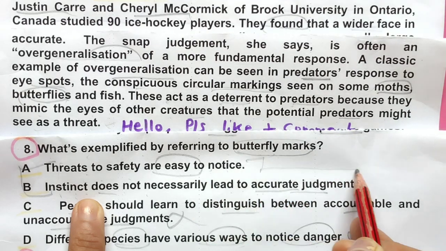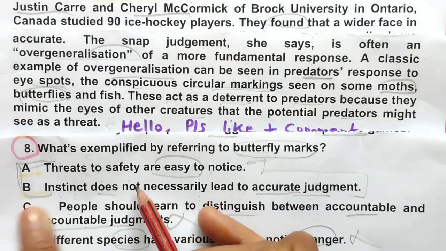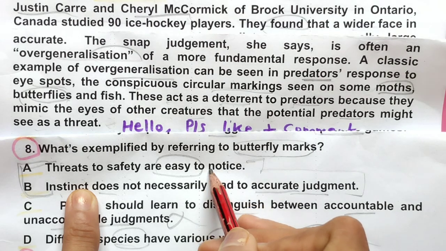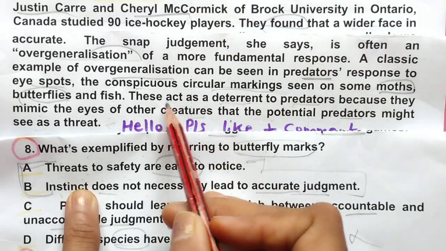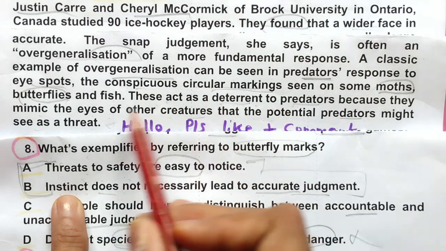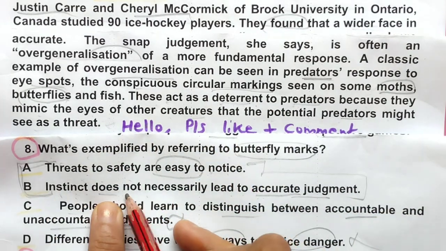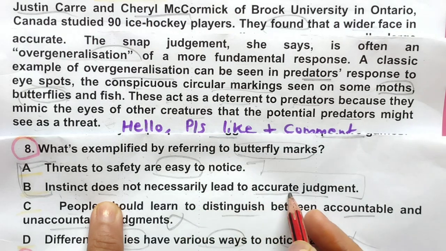So there is a confusion between these two. I don't know the actual one, because threats to safety are easy to notice, and easy to notice is exactly not given. These act as a deterrent to predators because they mimic the eyes of other creatures. Instinct does not necessarily lead to accurate judgment.